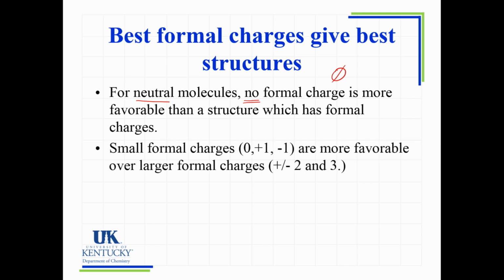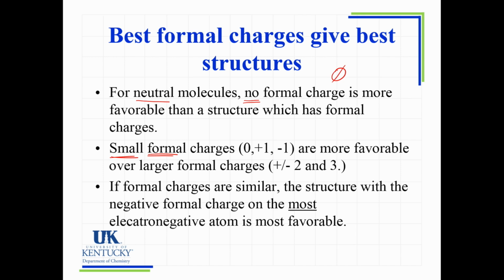But if you don't have that as an option, then you're always going to look for the smaller formal charges. So small formal charges are going to be more favorable than large ones. So you're looking for zeros, ones, plus and minus ones, and not things that have plus and minus twos or plus and minus threes. You would want the smaller formal charges.